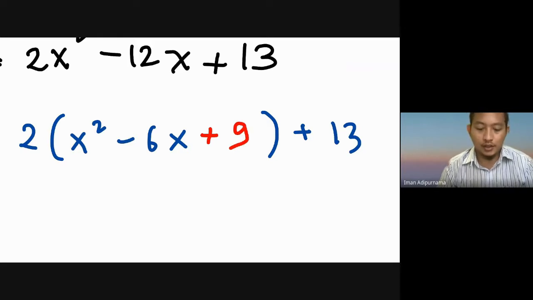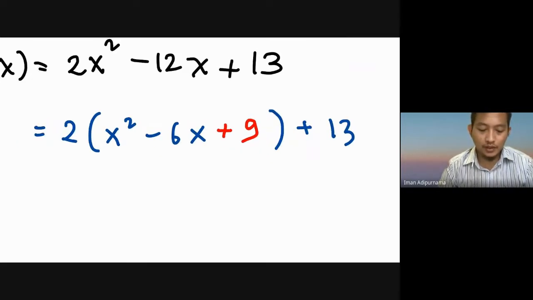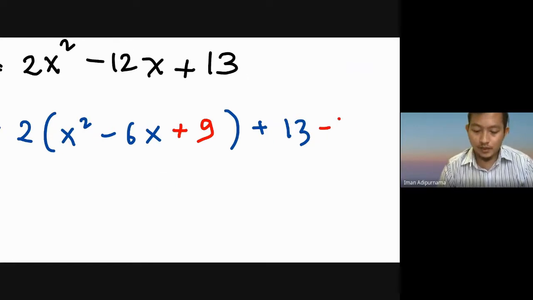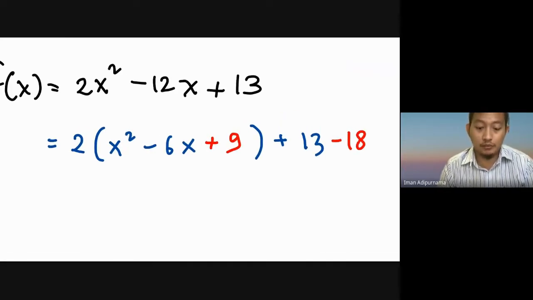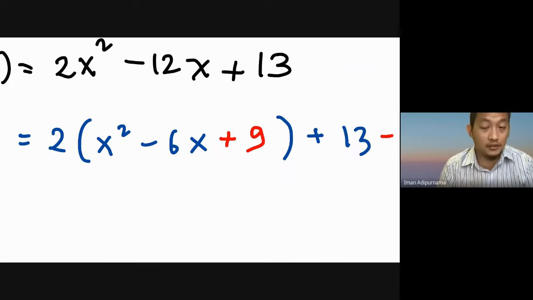Because it's plus 9 and you need to multiply by 2, the total will be plus 18. Right. Total of this plus 9 multiplied by 2 is plus 18. So you need to minus 18 to make it equal. Because if you add and you don't subtract it, you will change the whole equation, right? I hope you understand that.